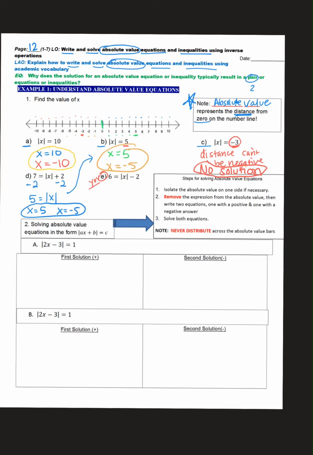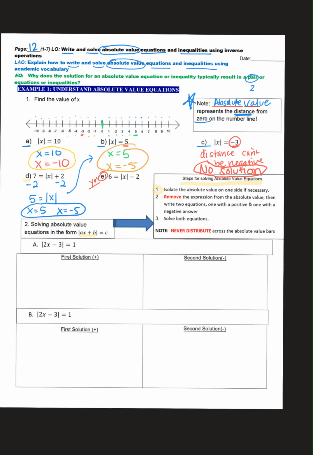Okay, now that you should have tried E, we're going to now move on to solving absolute value equations of the form ax plus b in absolute value bars equals c. Here are our steps for solving absolute value equations. Our first step is to isolate the absolute value on one side if necessary. When I'm talking about isolating, I'm talking about problems like D, where we had to move the 2 over to get the absolute value bars by itself.